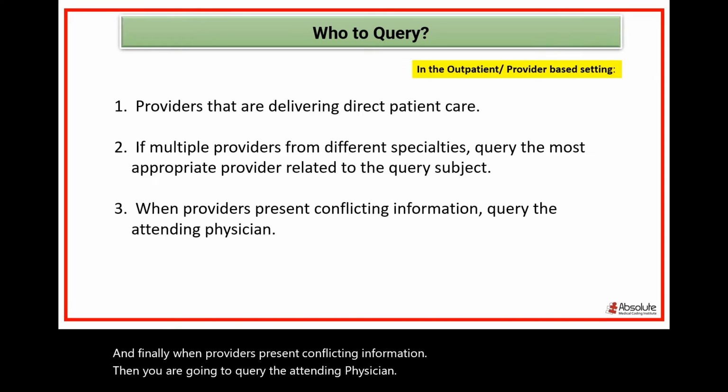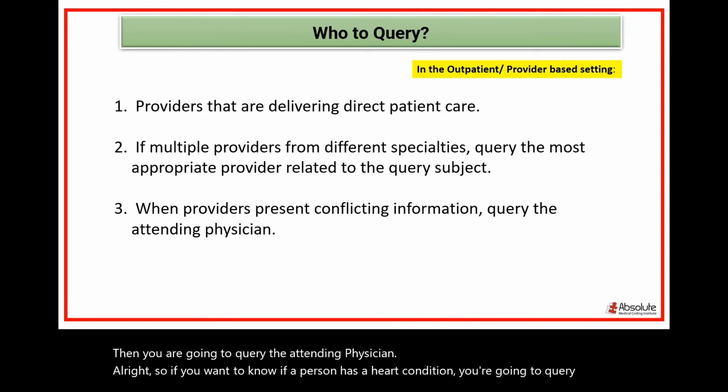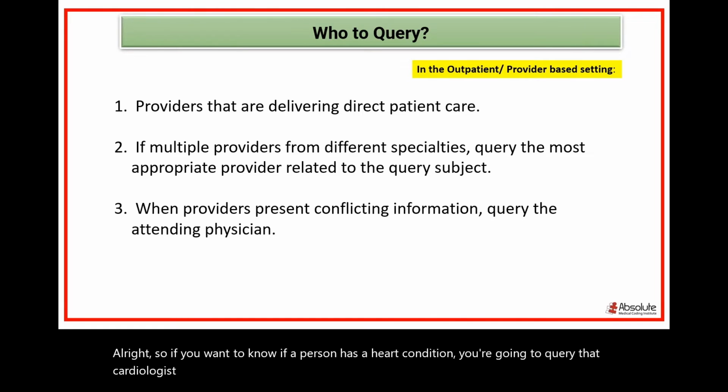So if you want to know if a person has a heart condition, you're going to query that cardiologist. But if there is a direct conflict, then you're going to query that attending physician.